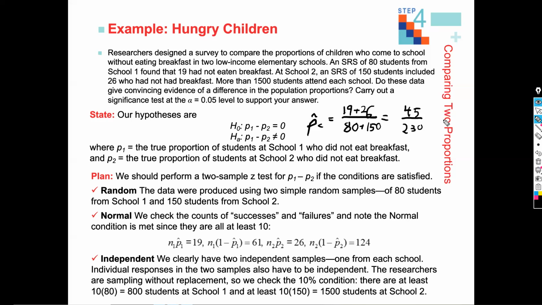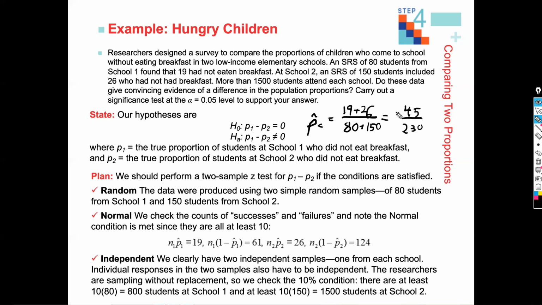Again, that is saying, if the null hypothesis is true, then these two proportions are the same, so we could treat them as coming from the same sample. So that 45 out of 230 is what's going to go in the standard deviation formula in my fraction. So that's what we're going to do.